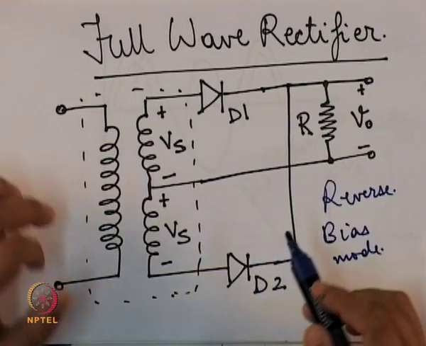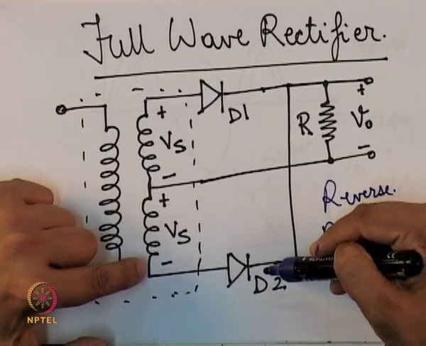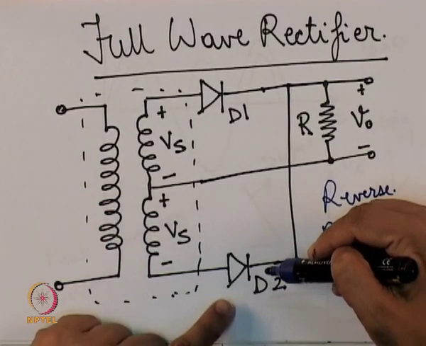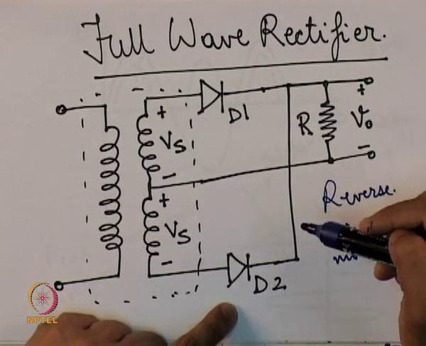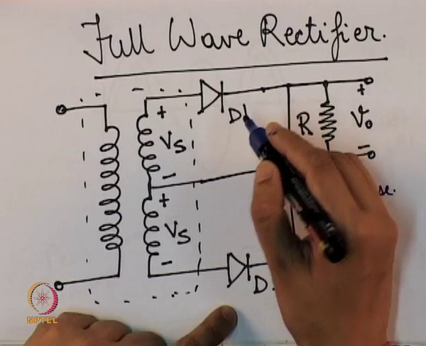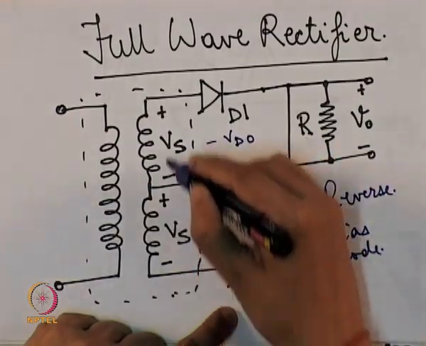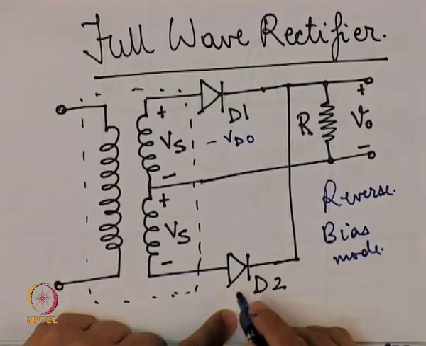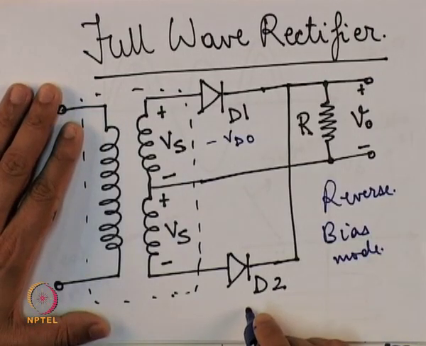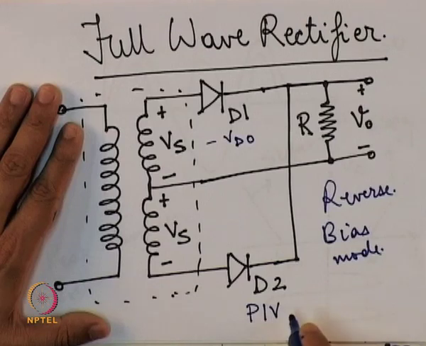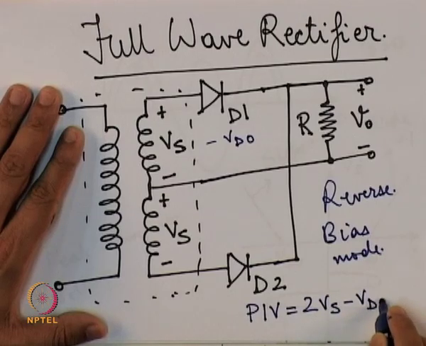Now, suppose D1 is conducting, that is Vs is positive and D2 is in the reverse bias mode. So, what is the maximum voltage that D2 will be subjected to? So, here we have minus Vd0, right, and here we have 2 Vs, right. So, the maximum reverse bias voltage across D2, I can write this peak inversion voltage as 2 Vs minus Vd0.